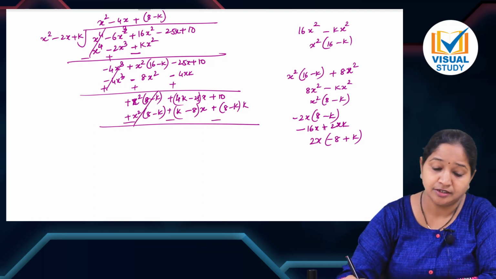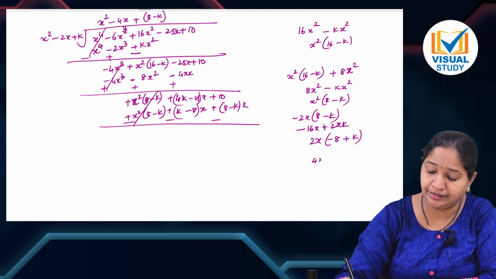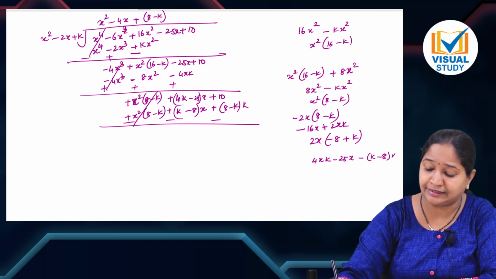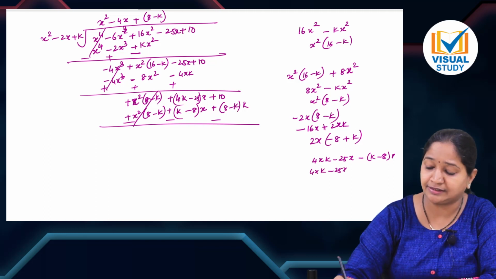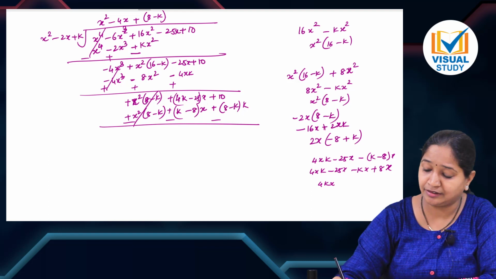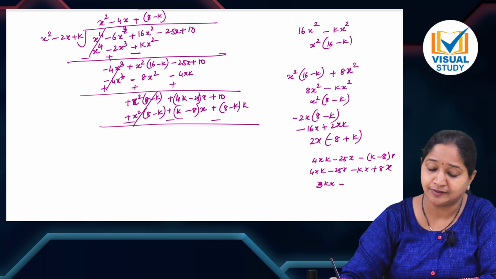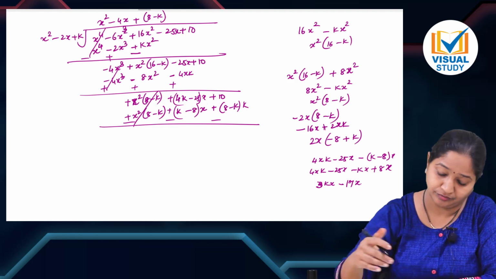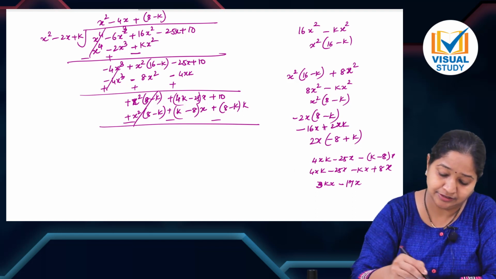What you get here is 4xk minus 25x minus kx plus 8x. 4kx minus kx you get 3, and minus 25x and this, 25 minus 8 you get 17x.